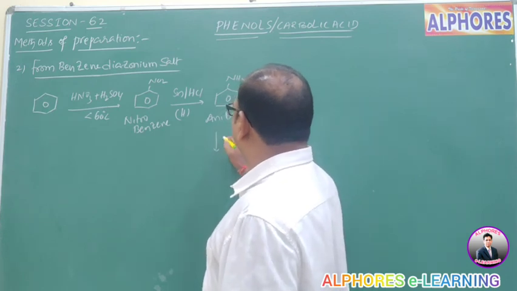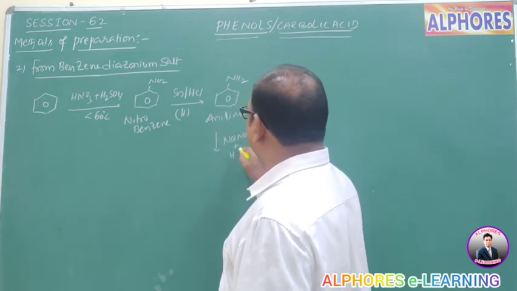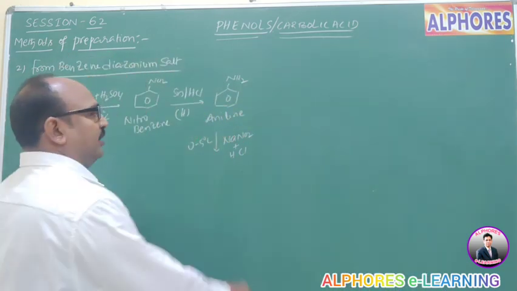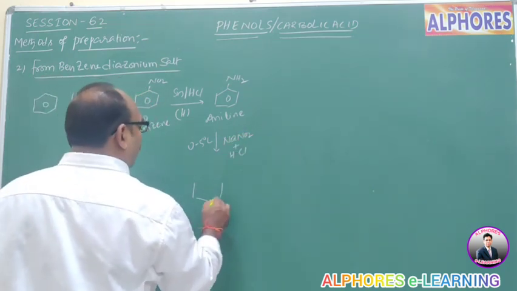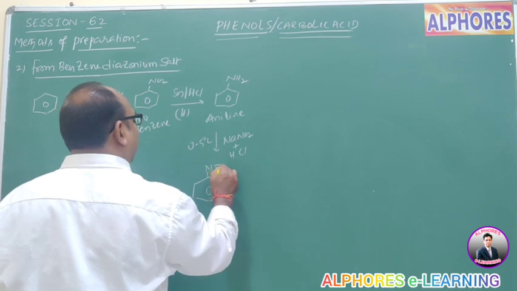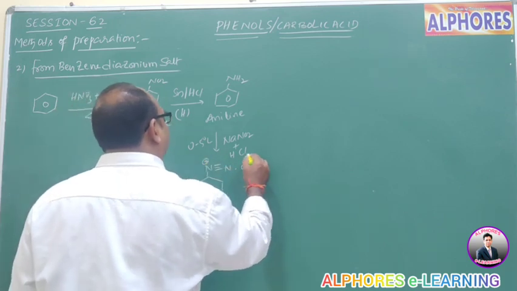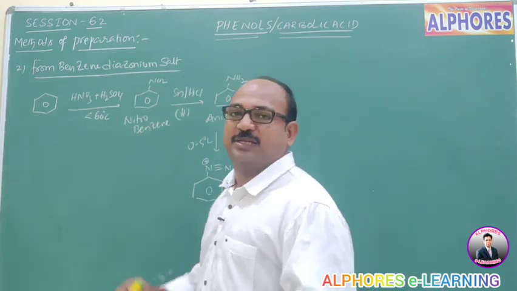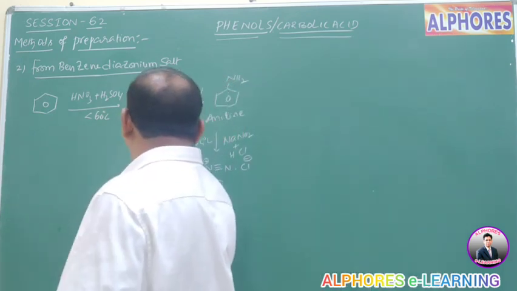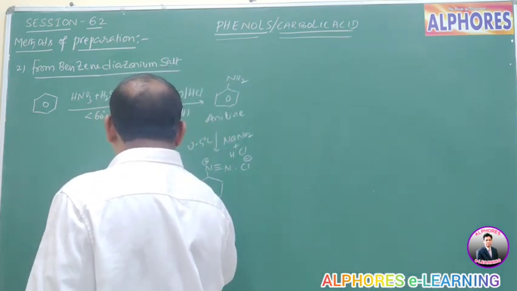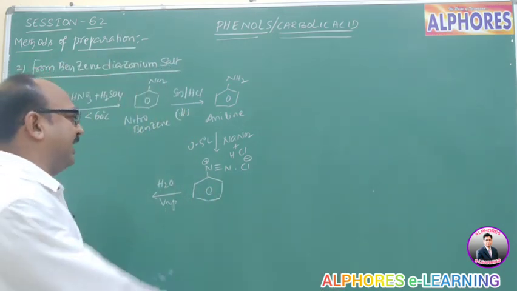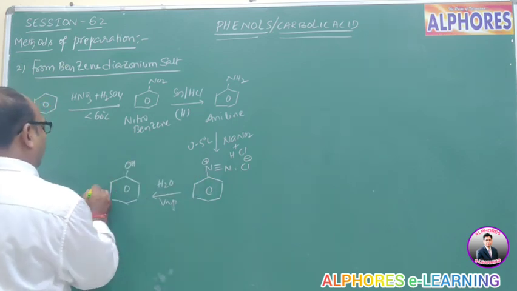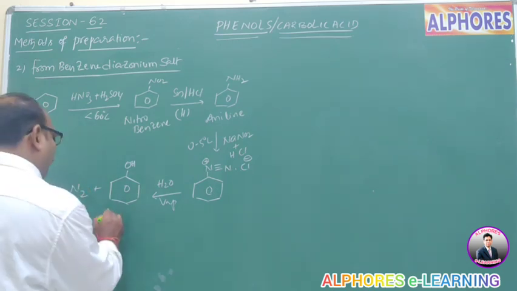This aniline upon reaction with NaNO2 and HCl at 0 to 5 degrees Celsius is what we call diazotization, giving N2+ and Cl-. In the previous session we already learned the mechanism of diazotization. This one upon reaction with H2O vapor, the N2+ will leave, meaning it can be easily displaced by the OH group, plus N2. So we get phenol.